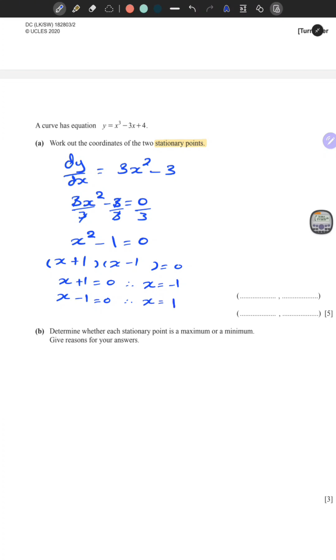Alright, to find the value of y, we are going to substitute these values of x in the main equation that I have, which is y is equal to x cubed minus 3x plus 4.